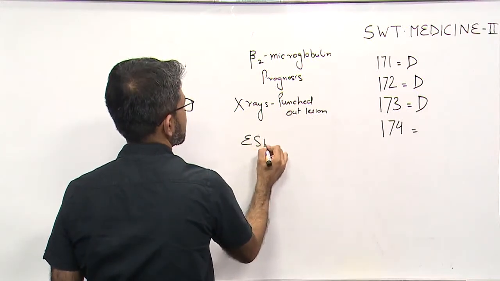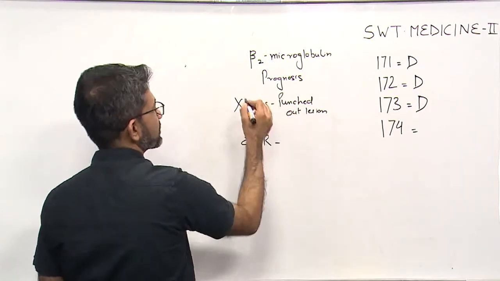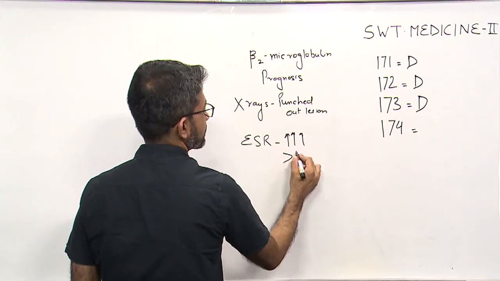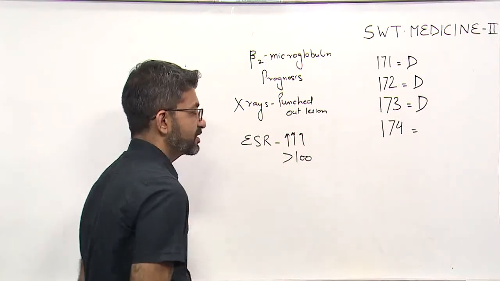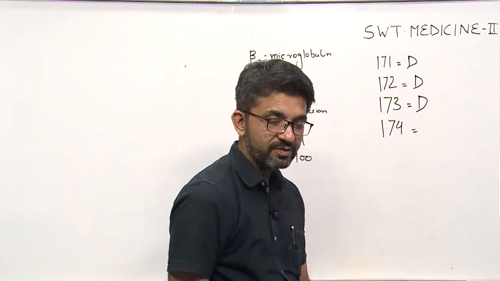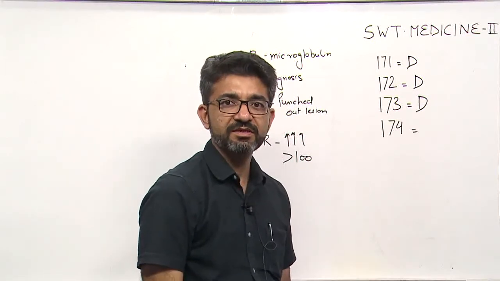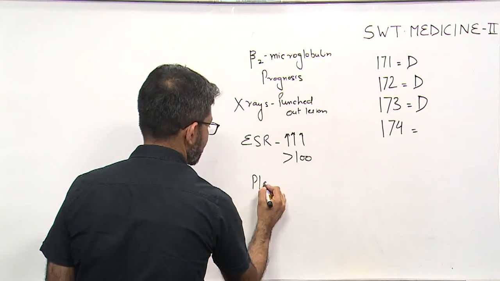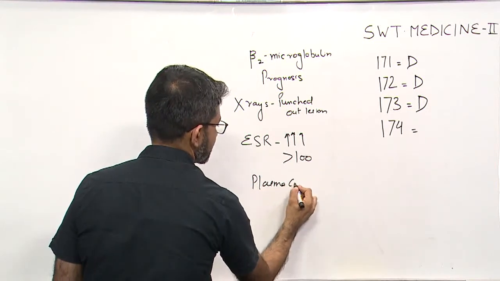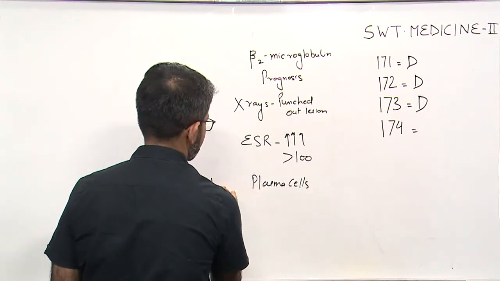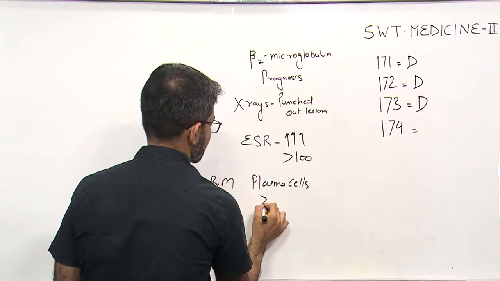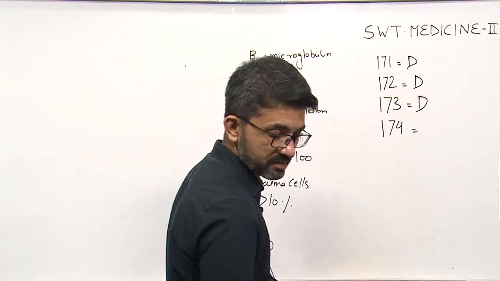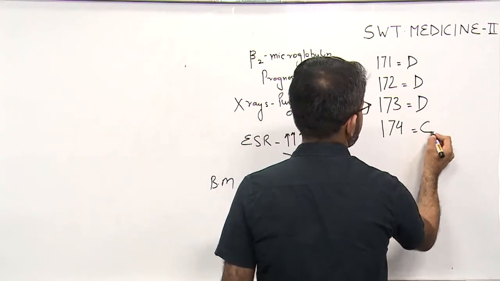ESR, one of the conditions where ESR is very high, would be more than 100. All right. So, the answer is... Bone scan does not find a role in diagnosis of multiple myeloma. Plasma cells on bone marrow aspiration more than 10%. So, the answer for this is C, bone scan.